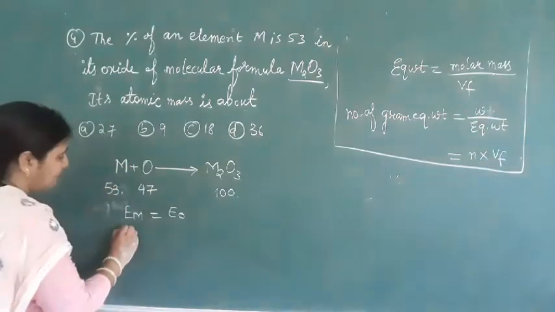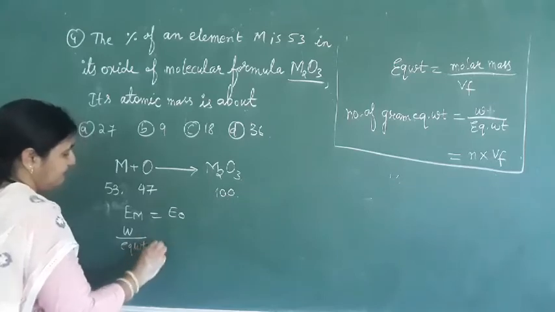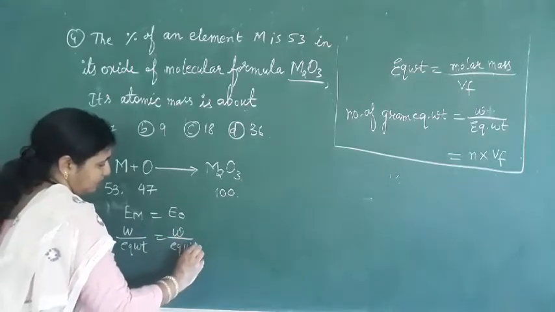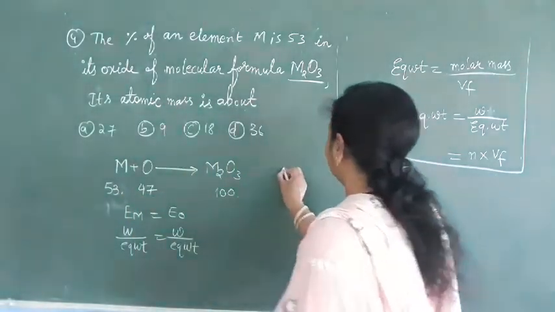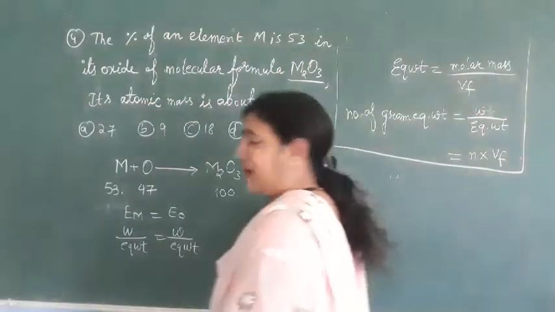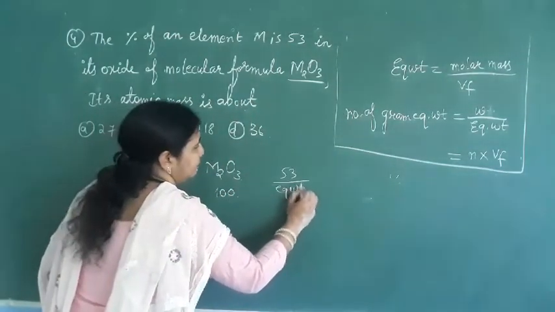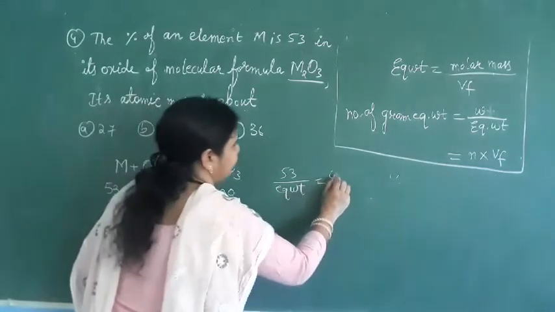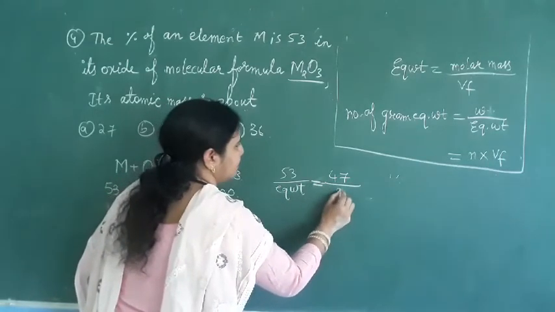So the formula is W divided by equivalent weight is equal to W divided by the equivalent weight of oxygen. The mass is 53 here, so 53 divided by equivalent weight is equal to 47, the weight of oxygen, divided by the equivalent weight of oxygen, which is 8.